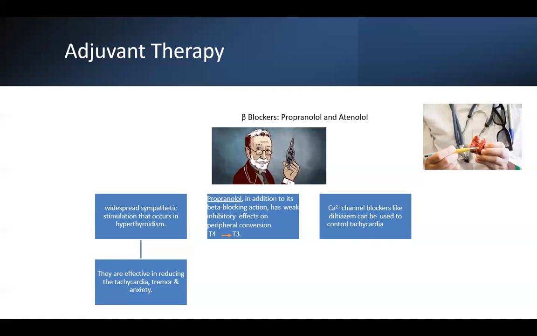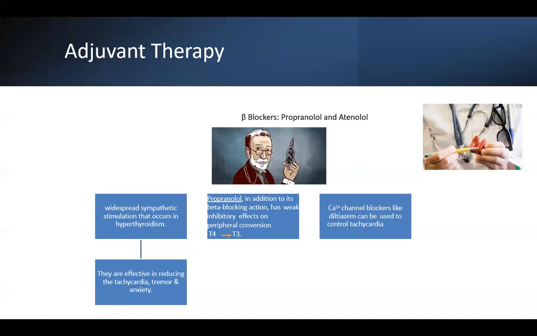But what else? Why propranolol? First of all, we said one of the symptoms of hyperthyroidism is anxiety. Okay? And so, because propranolol passes the blood-brain barrier, it also can control the anxious state of patients with hyperthyroidism. Okay?